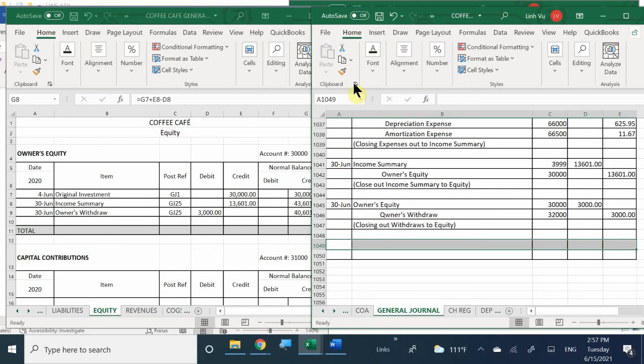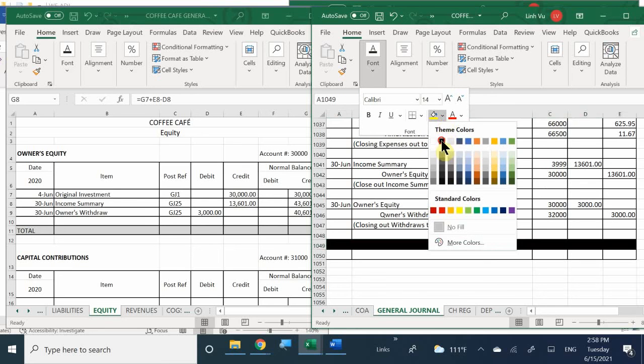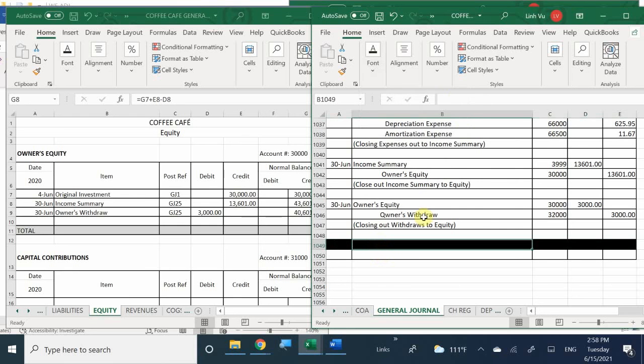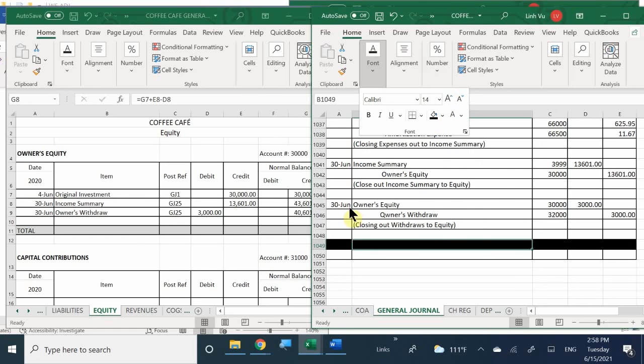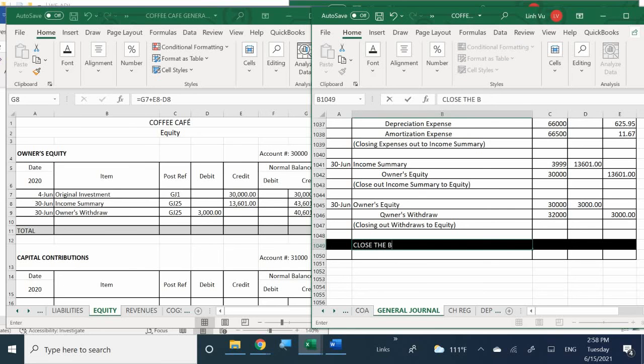If you want, put that little bar there to indicate that the books are done, closed up, and everything pans out. Close the books.